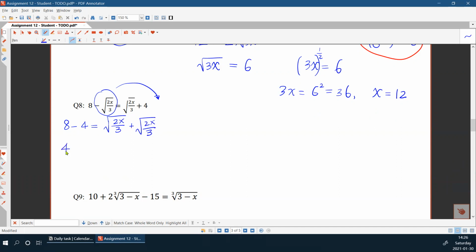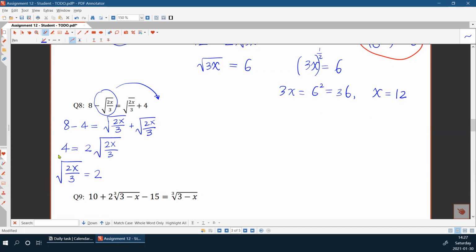Okay, this means 4 equals twice of square root 2x over 3. What does this mean? This means square root 2x over 3 is 2, right?